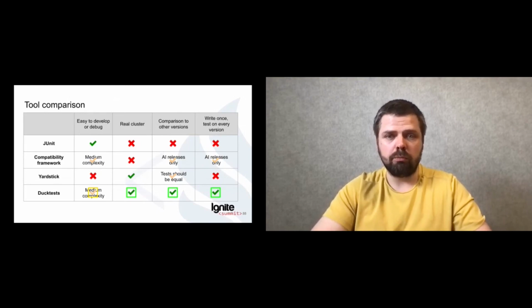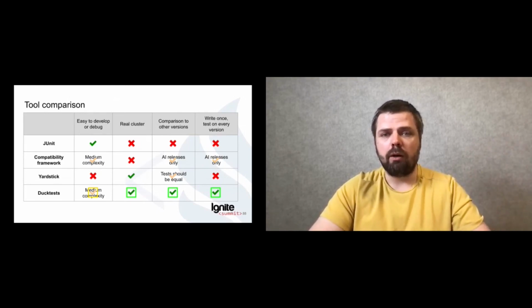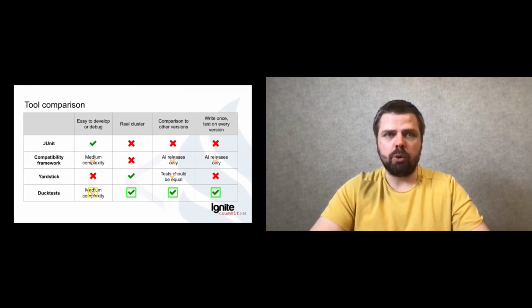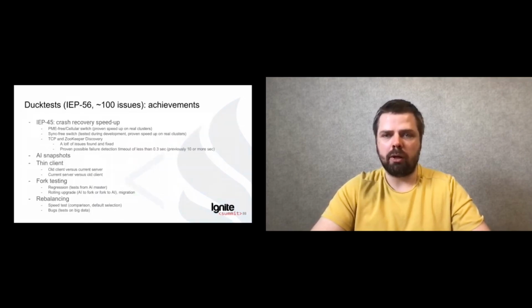This framework also, as I mentioned before, allows us to test any Ignite fork, and we tested Ignite Superb Edition, the fork we developed. The framework also helped us to measure real rebalance speed on a real cluster, comparing the profit of each configuration automatically, with the ability to get the same result on each rerun, which was never previously possible.